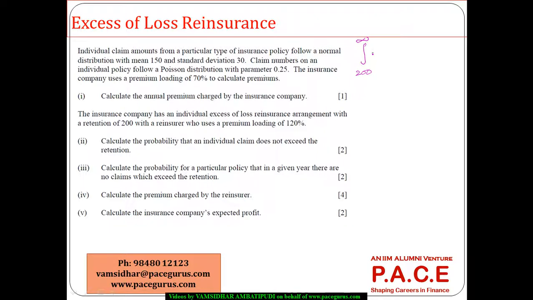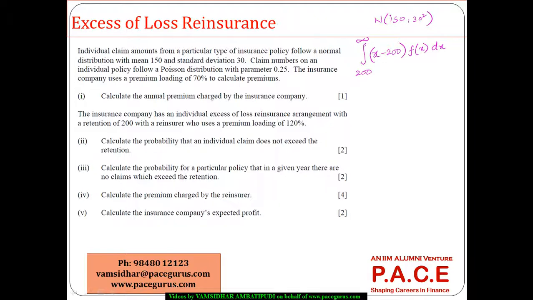What is the amount that is paid by the reinsurer? X minus 200. This is X minus M, because 200 is the retention limit, times f of x, which is the probability of occurrence of a claim, the original claim, which is having a normal distribution with a mean of 150 and a variance of 30 squared.